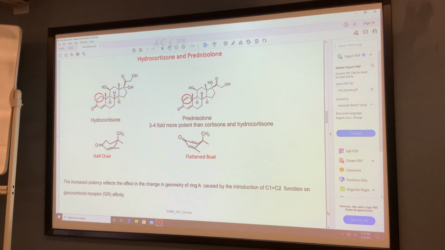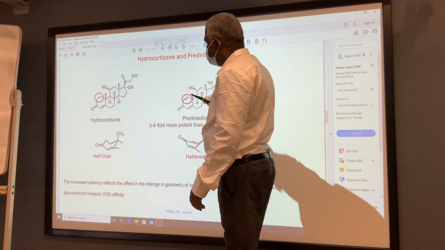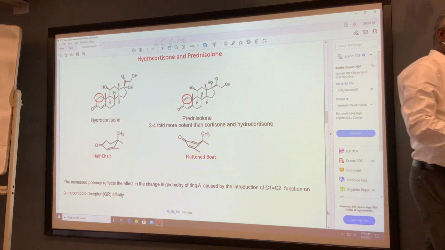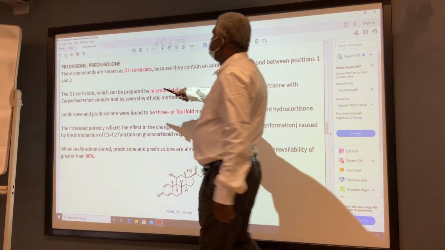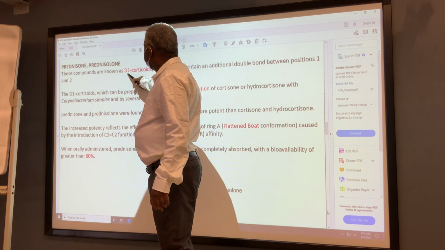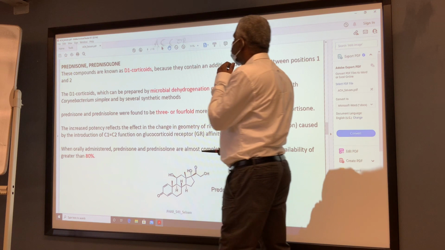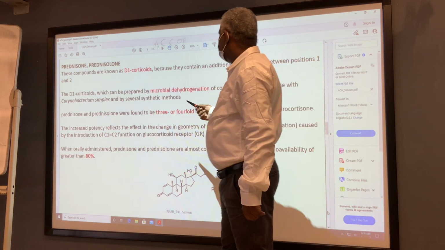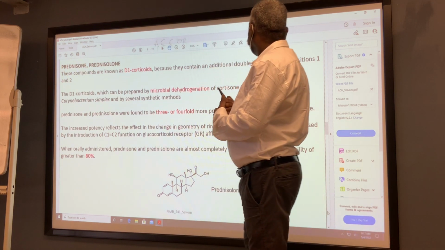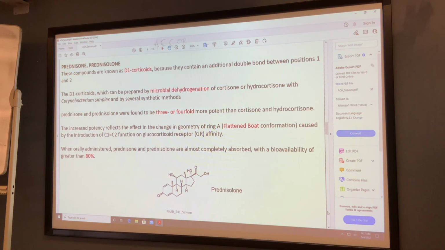Whenever you have a double bond at carbon number 1, 2, that is called D1 corticoids. D1 means there is a double bond at carbon number 1 and 2. Prednisolone is prepared by microbial dehydrogenation, which introduces the double bond at carbon number 1 and 2.